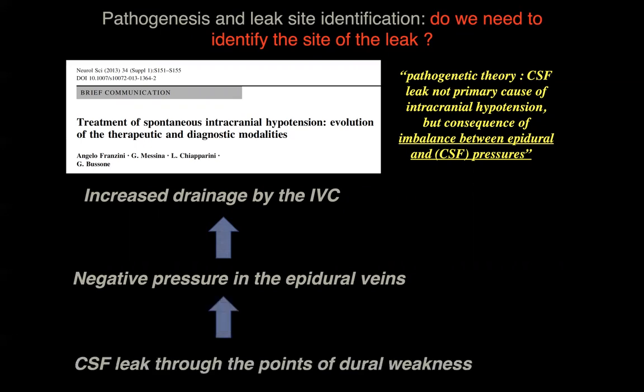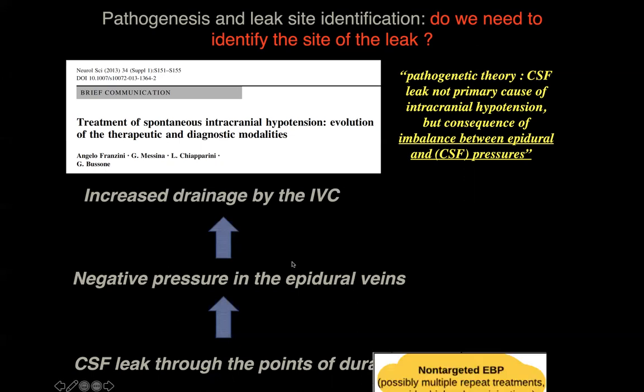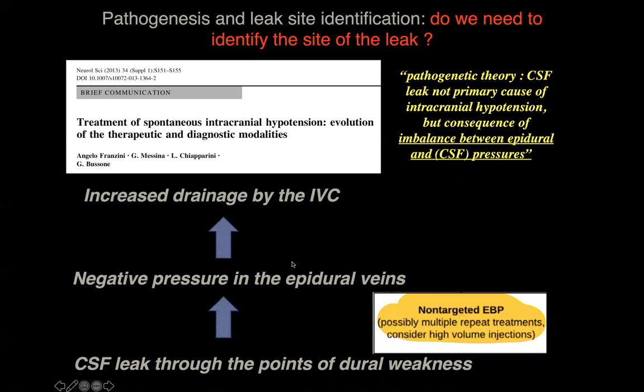And this generates CSF leak through the point of dural weakness. So a child with diverticula will be more sensitive because these diverticula are points of dural weakness, but the diverticula could be not the origin of this, but an increased drainage from the vena cava. And this is why non-targeted epidural blood patch will solve most, not all, but most cases of intracranial hypotension.